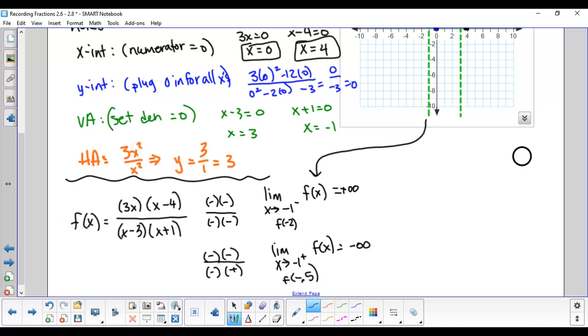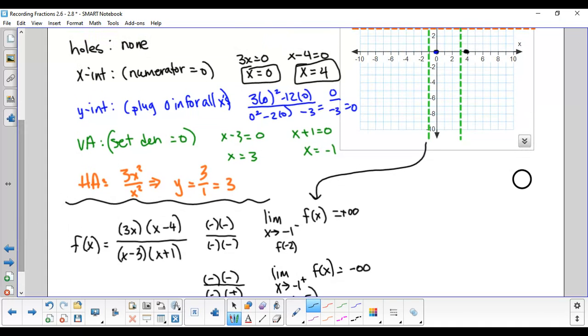What that means is that as I approach this asymptote from the right-hand side, my y values are going to get closer and closer to that asymptote, but they're going to be headed to negative infinity. Okay. Now, we need to do the same analysis moving into the next part. So we are going to have to evaluate around this asymptote.